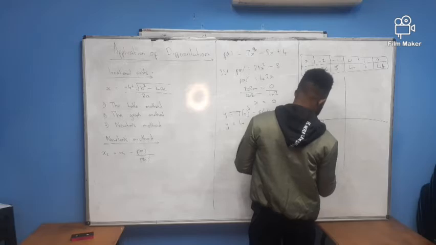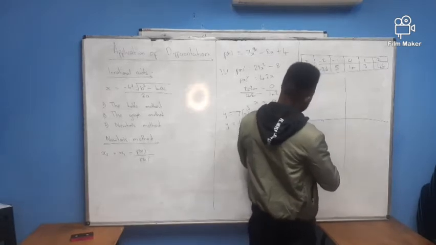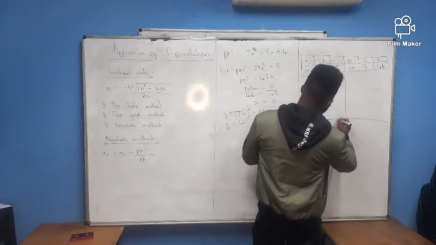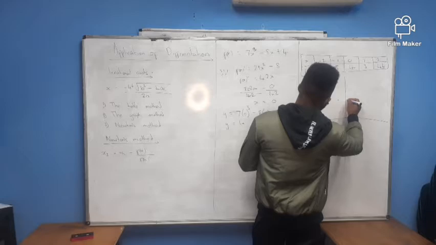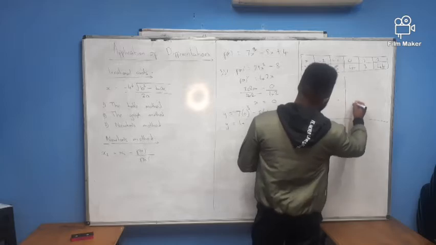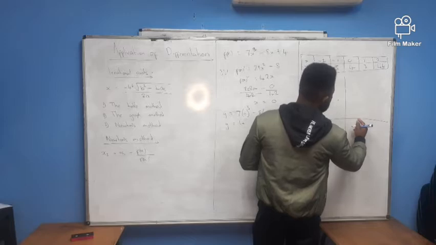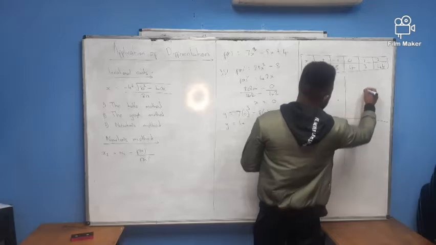I have -2 and 36 somewhere here, and then I have -1 and 5, which is somewhere here, and then something like this, and then I have 1 and 3, which is somewhere here, and then 2.